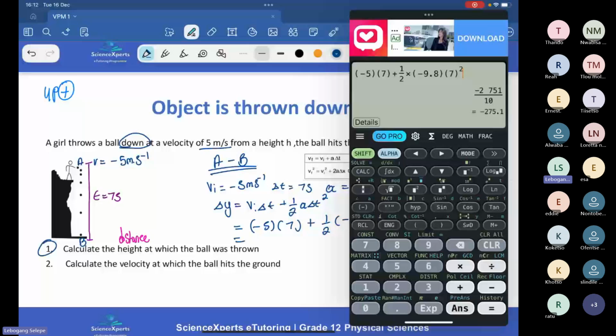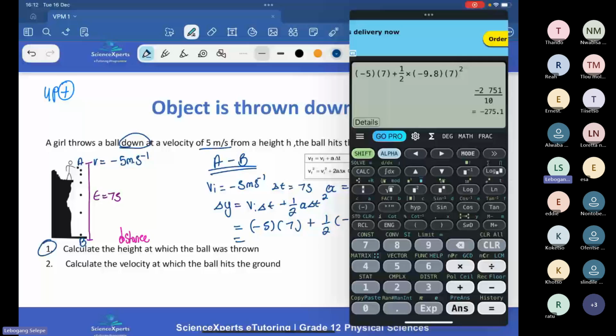They said that it was thrown at a velocity of 5. So they gave it an initial velocity by throwing it. If you drop it without throwing it, then its initial velocity would be 0. But in this case, it was literally thrown, so its initial velocity can't be 0. Do you guys get it now?